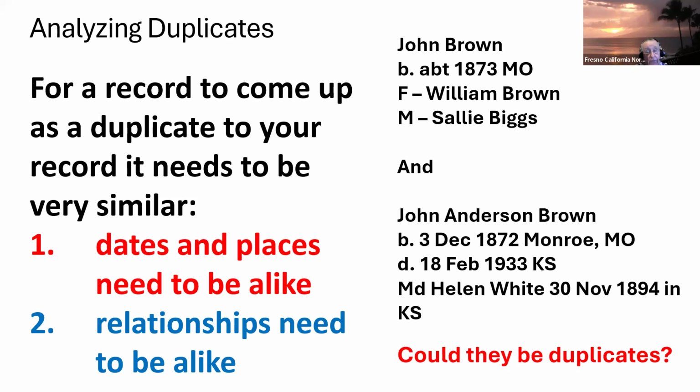There's almost nothing there that can be scored as similar. And so even though they're really the same person, there's no way FamilySearch would ever offer that as a possible duplicate. The way to resolve it is, for the one on the top, get more data on that person. Try to find out the spouse if there's one, try to get a full birth date, find a death date, find out if there's a middle name, all those kinds of things.